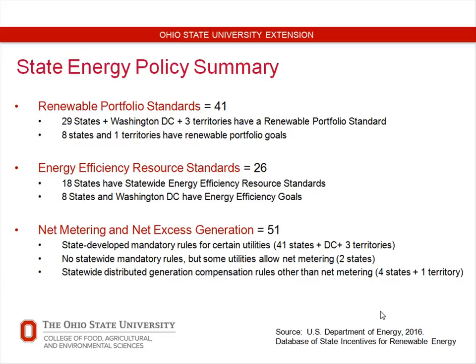We'll get into what those look like when we look at Ohio's. When we look at energy efficiency, 26 states and or territories have some form of energy efficiency policy in place. Net metering, 51 states or territories have net metering rules in place. So this is not unique to Ohio. This is happening nationwide, and most of it's driven at the state level.